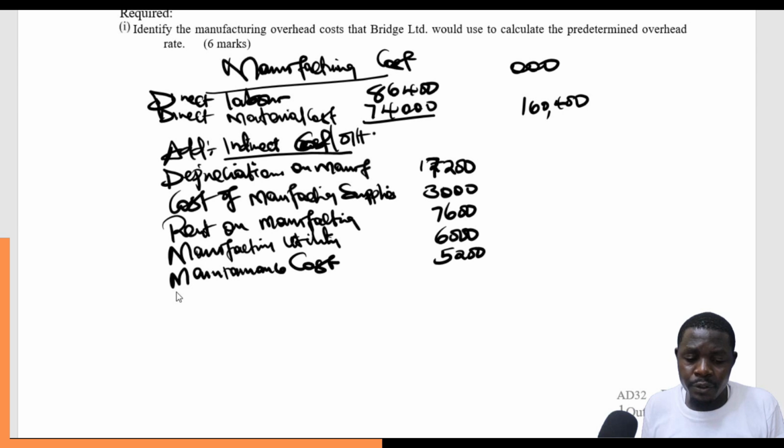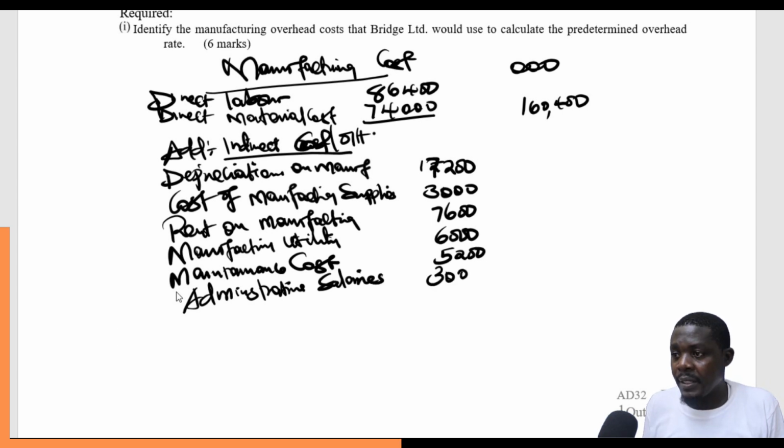We have administrative salaries, which is 30,000. What we do is add 17,200 plus 3,000 plus 7,600 plus 6,000 plus 5,200 plus 30,000.